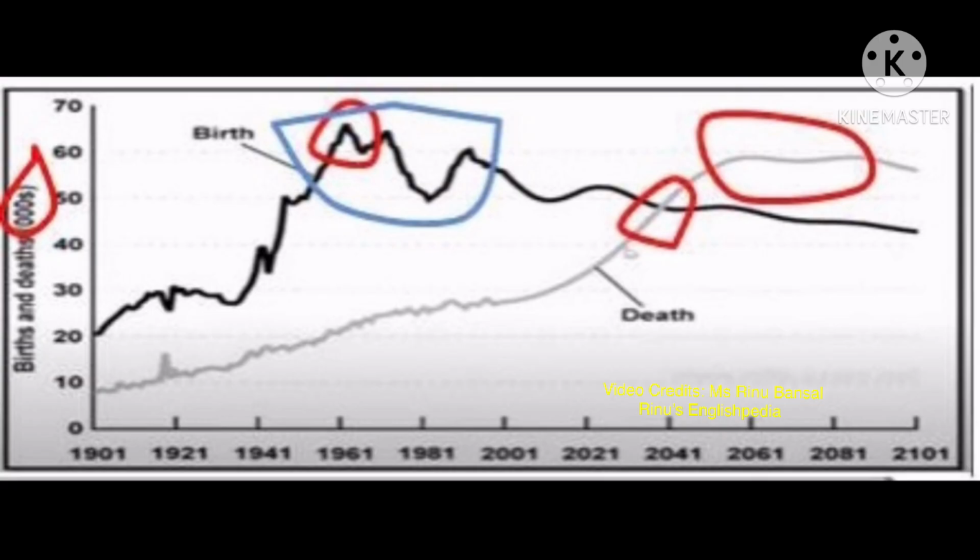We can also see at a glance that the birth rate is higher than the death rate until 2041. The year 2041 can be seen as very important as it shows a sudden change in the trend. The death rate goes up and the birth rate comes down.